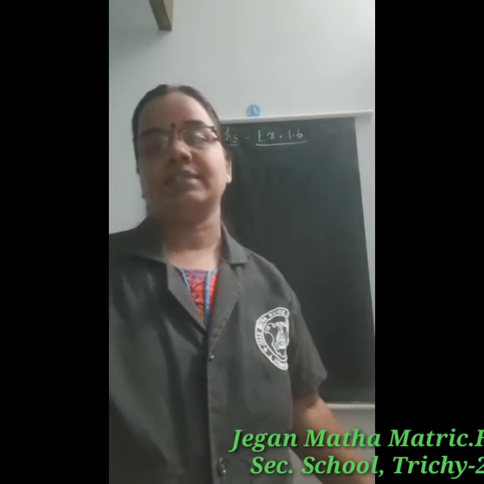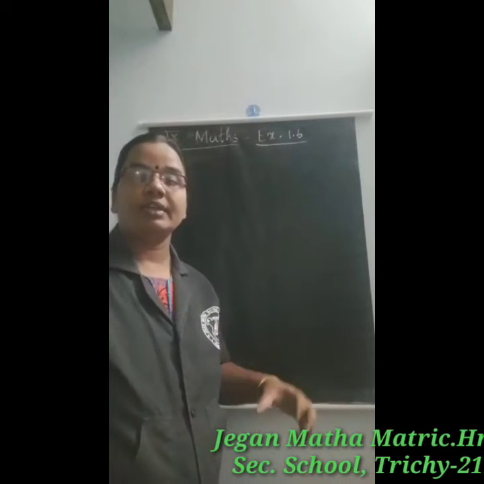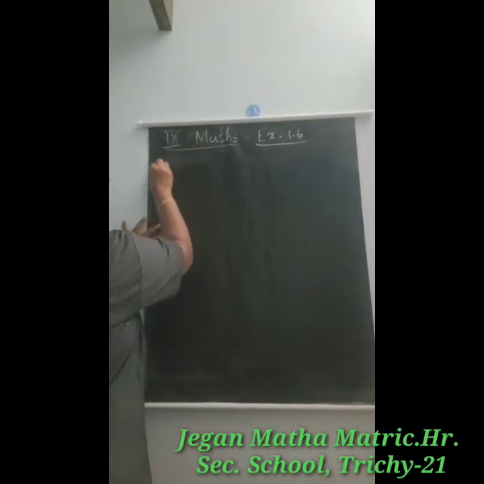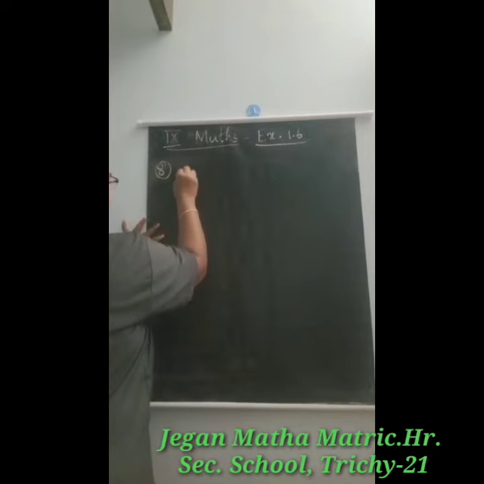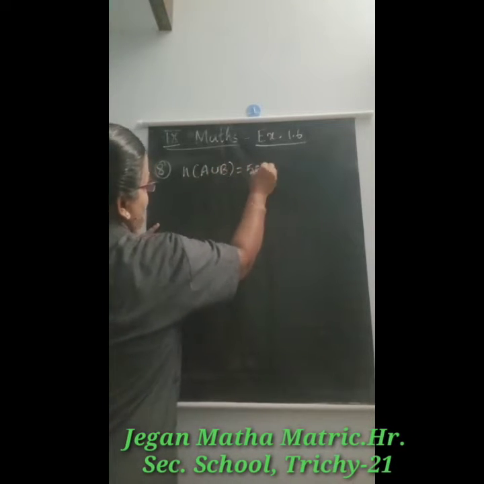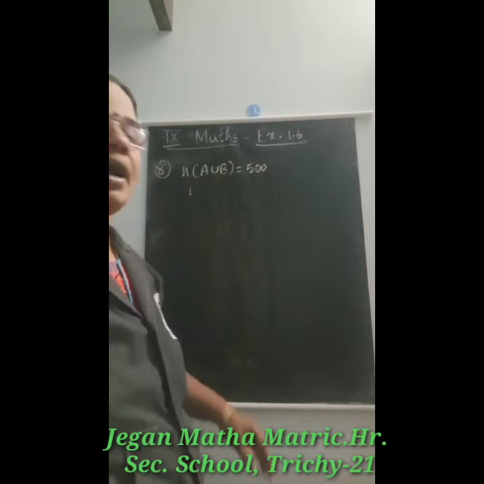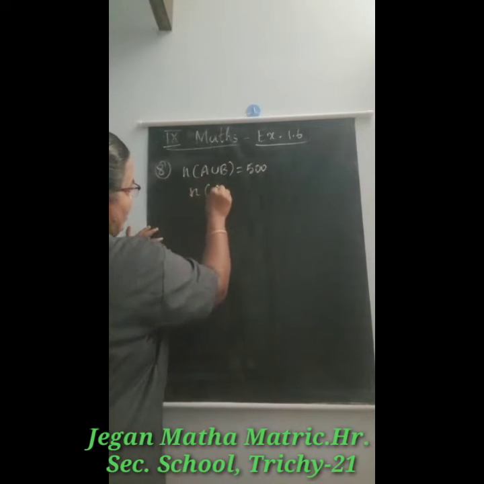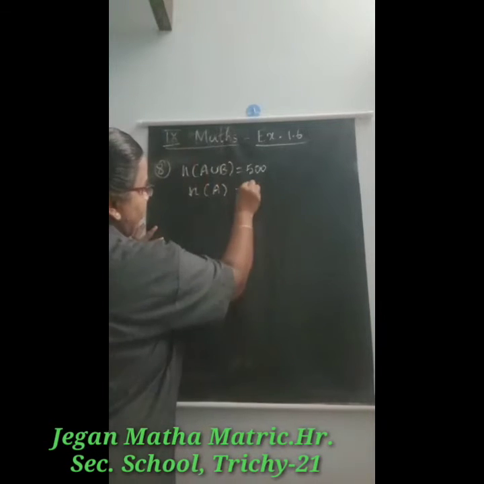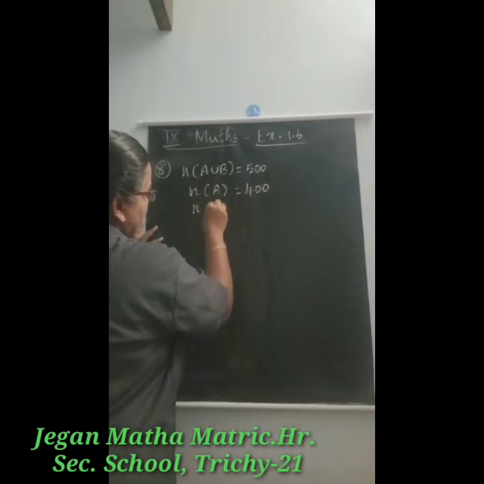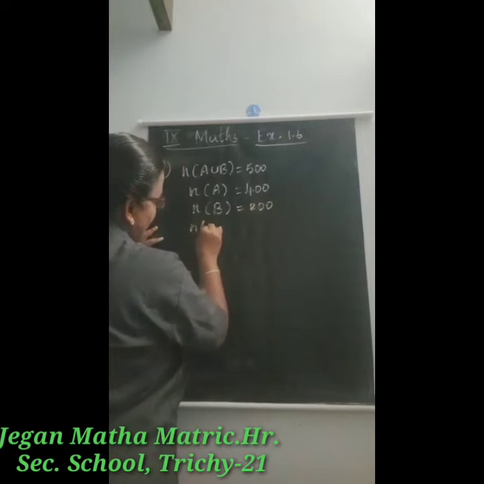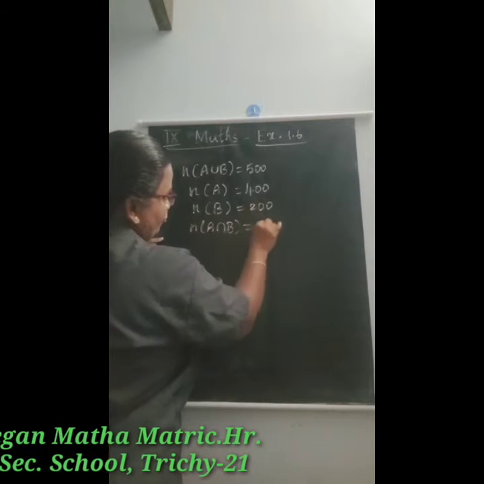And 50 own both A and B. Is this data correct? So let us prove it using the cardinality of sets. For the 8th question, first write n(A ∪ B) is equal to 500, n(A) is equal to 400, n(B) is equal to 200, and n(A ∩ B) is equal to 50.